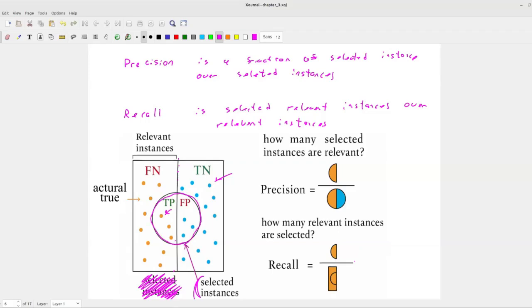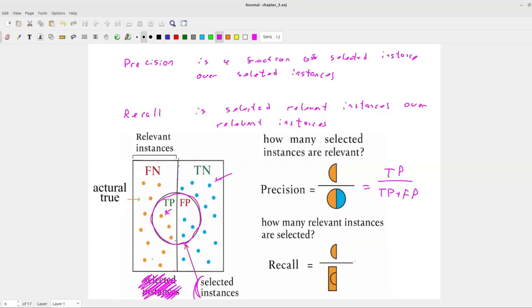So precision is going to be true positive over true positive plus false positive, right?